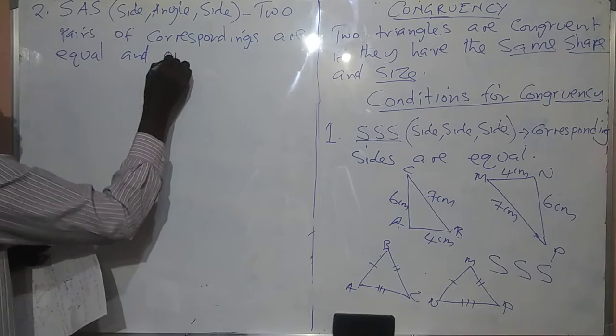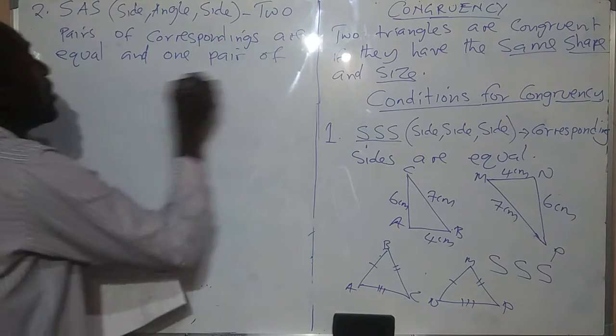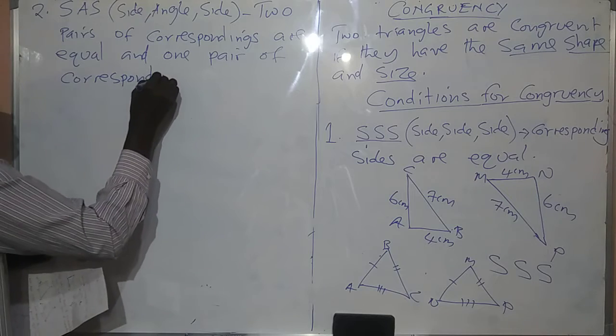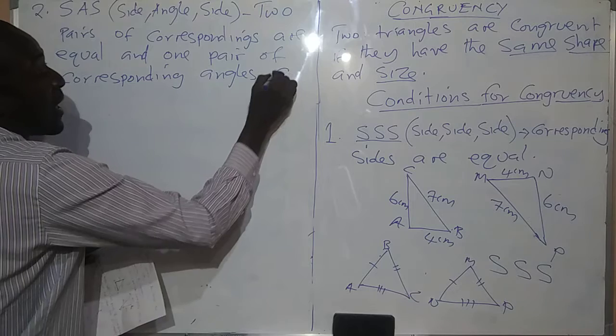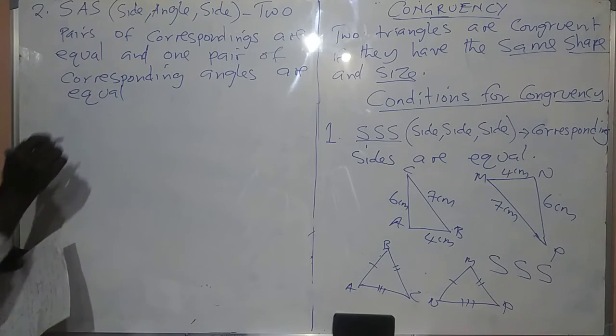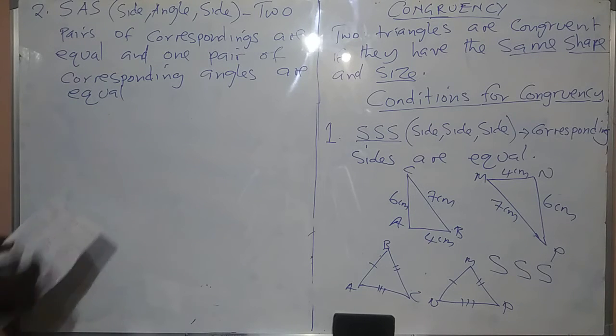and one pair of corresponding angles are equal, or is equal, depending on which English we are using.